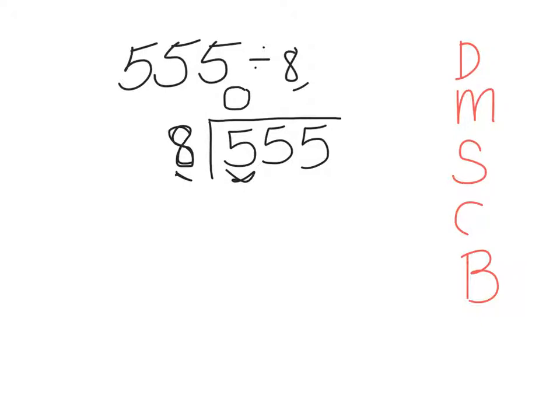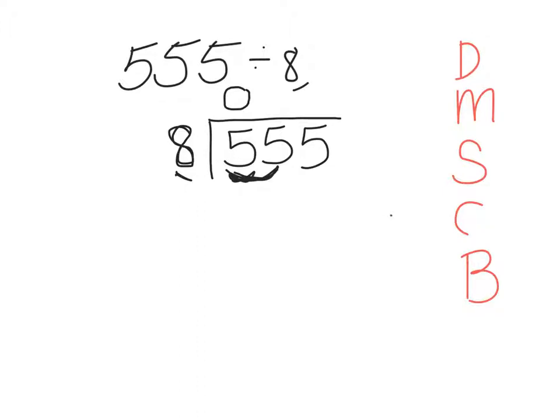The other 5 wants to join the party, so how many times does 8 go into 55? Now this time we know that our divisor is smaller than these two numbers, so we know that 8 can be divided into 55. Let's use multiplication to think about how many times 8 would go into 55.